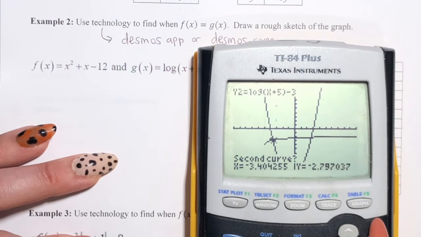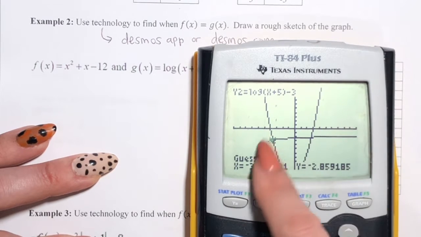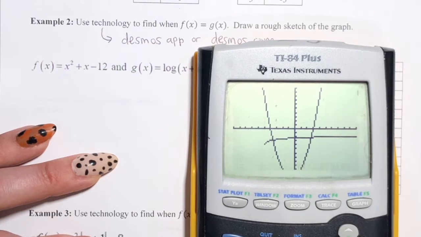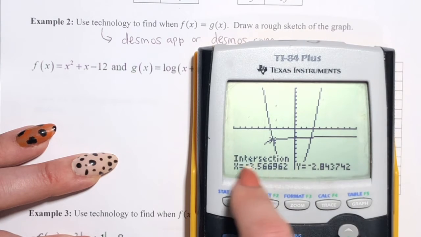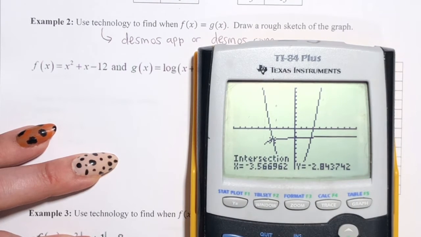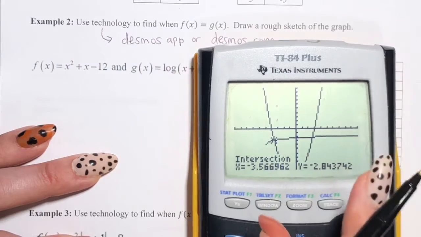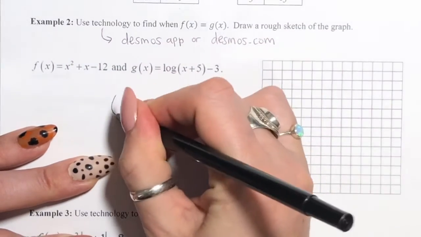So again, get as close as you can to where you think that intersection is, push enter, and then this third time they're going to have you guess. So you're going to essentially do this 3 times: on the first curve, on the second curve, and then a guess point. And then this is going to be your intersection. And it will just tell you what to round to. Most of the time it's 2 decimals. So I'm going to say this is at negative 3.57 for x, be my intersection.